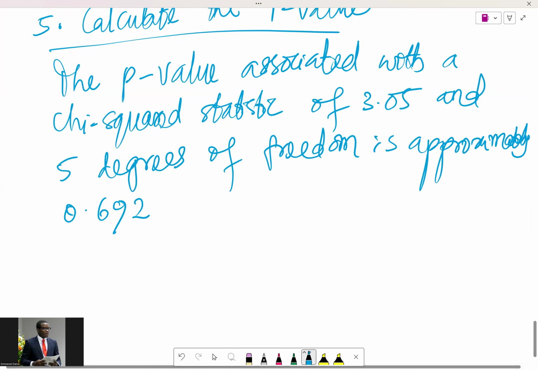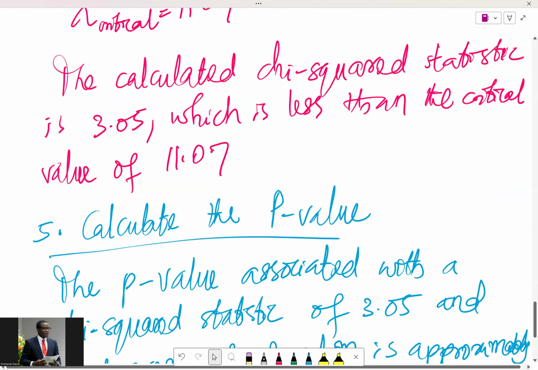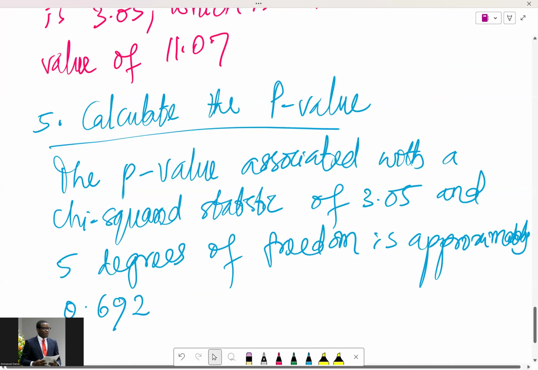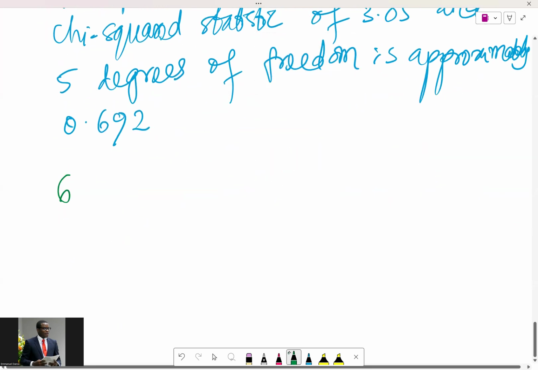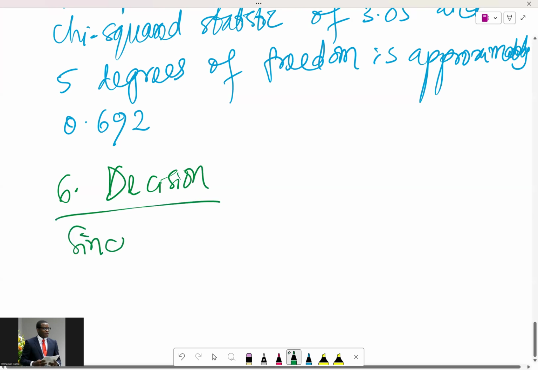With that, we can go for the decision. That's step 6: what decision do we make based on the foregoing?